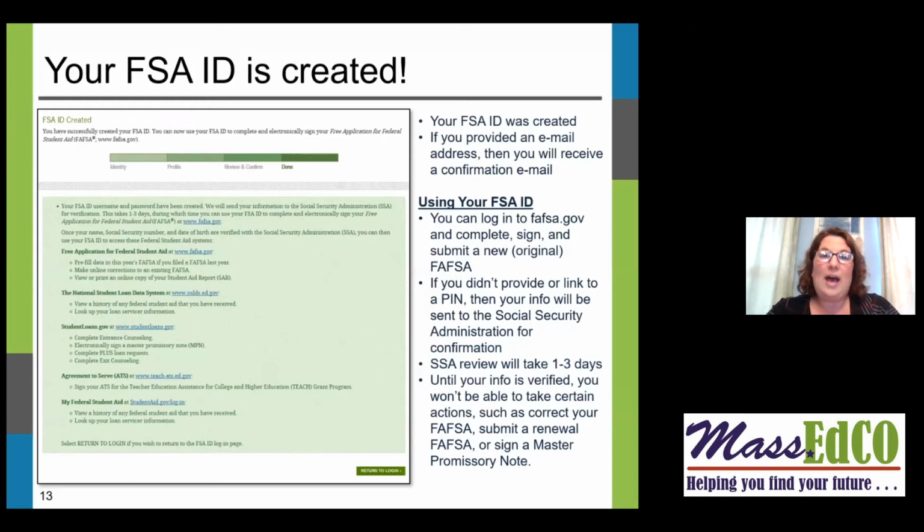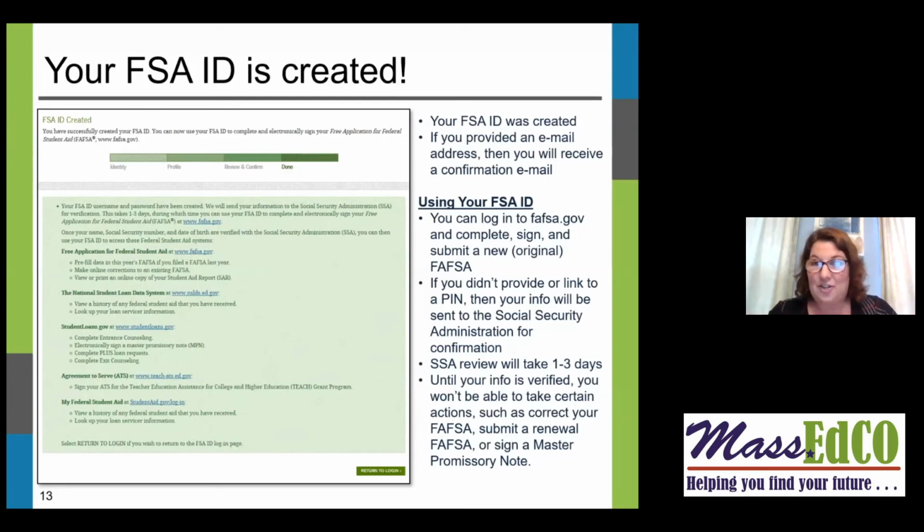So what will happen after you create this is that this information you provided is going to go to the Social Security Administration, and they're going to verify your Social Security number and your name and everything that you put. And if there's a problem, for example, like I said, you accidentally put the wrong birthday or you didn't include your full name, you're going to get an email from Social Security Administration saying, hey, we have a problem.